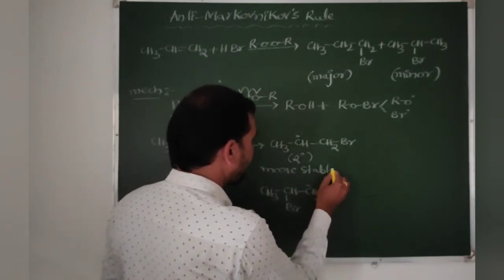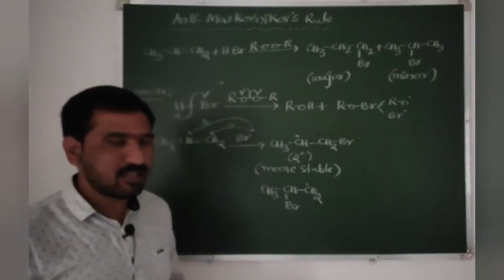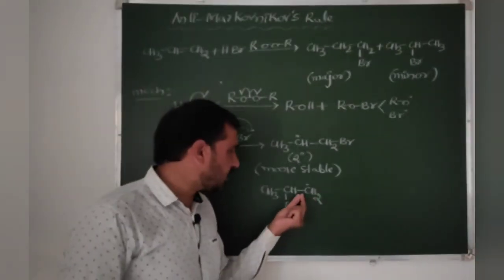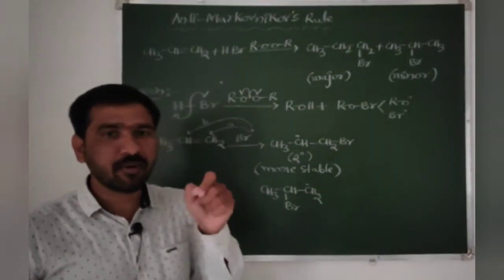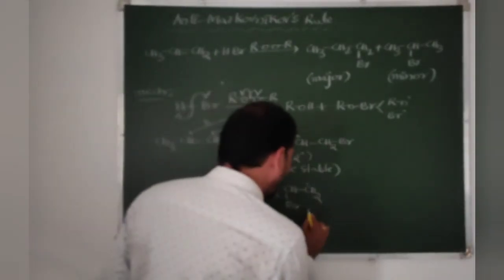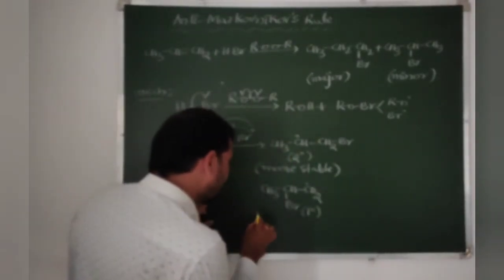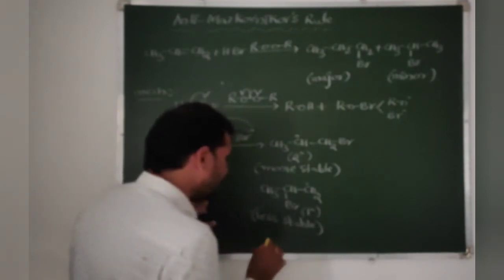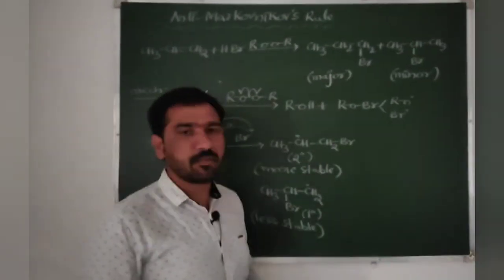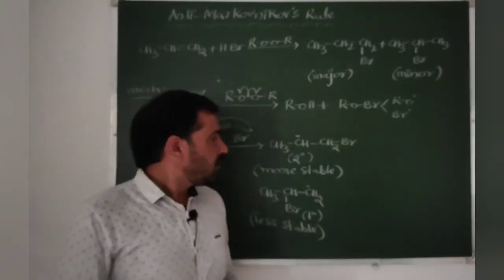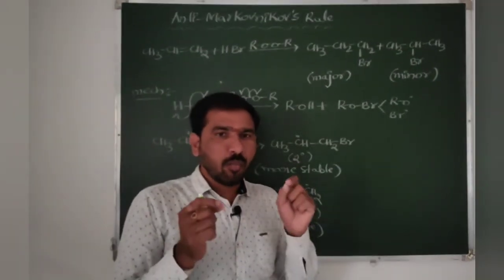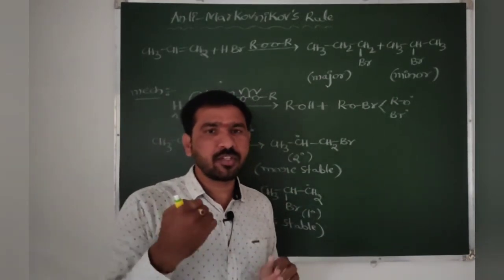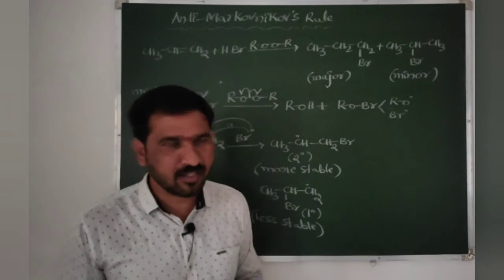Coming to the second intermediate, the dot is over the carbon which is directly attached to a single carbon, that is named as a 1-degree carbon free radical, which is less stable. This is the less stable intermediate, this is the more stable intermediate. As I told, the more stable intermediate will produce the major product, the less stable intermediate will produce the minor product. That is the fact, right?